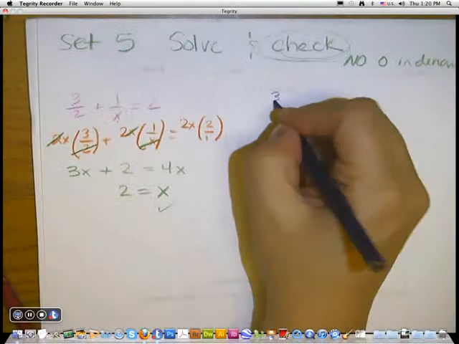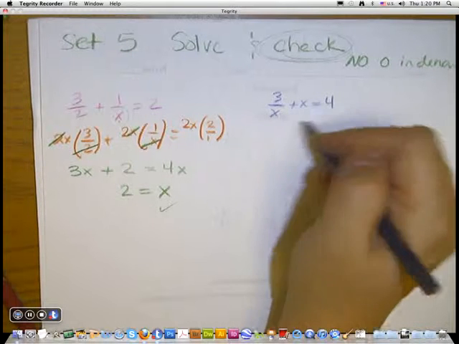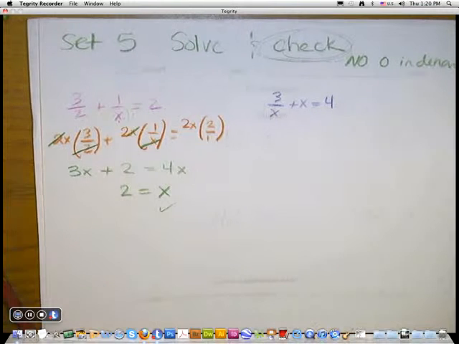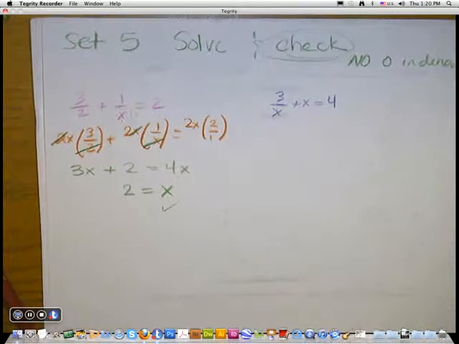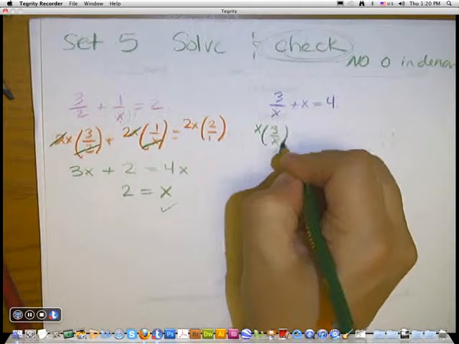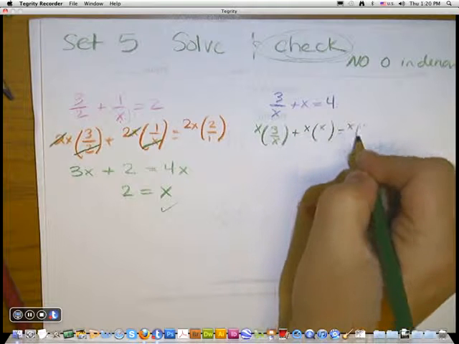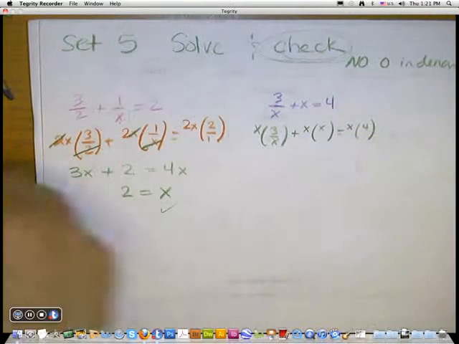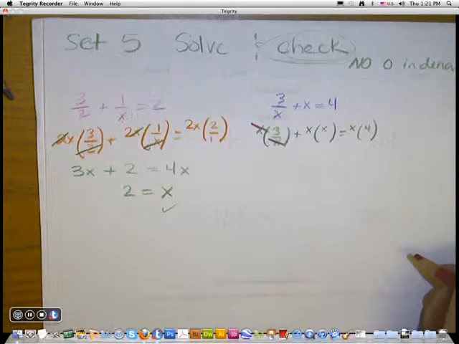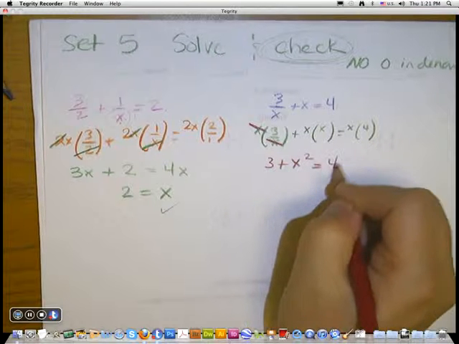Okay, 3 over x plus x is 4. The common denominator here, or the one you're going to multiply by, is x. So I'm going to multiply by x. But when I multiply by x, I got to make sure I do it everywhere, so that it cancels the one I'm looking for, and everything else gets multiplied.